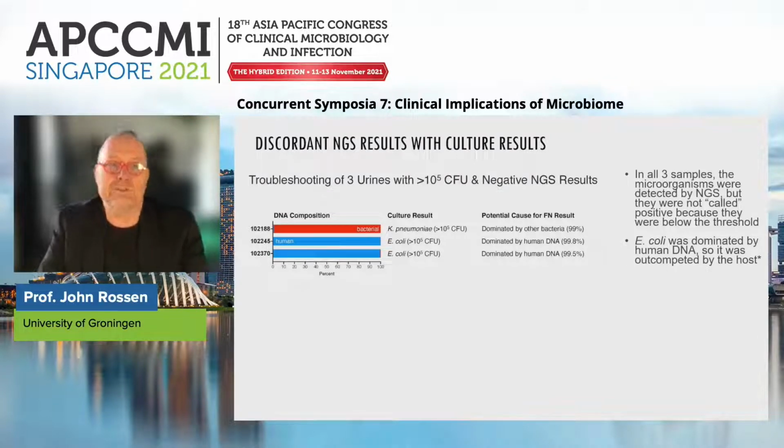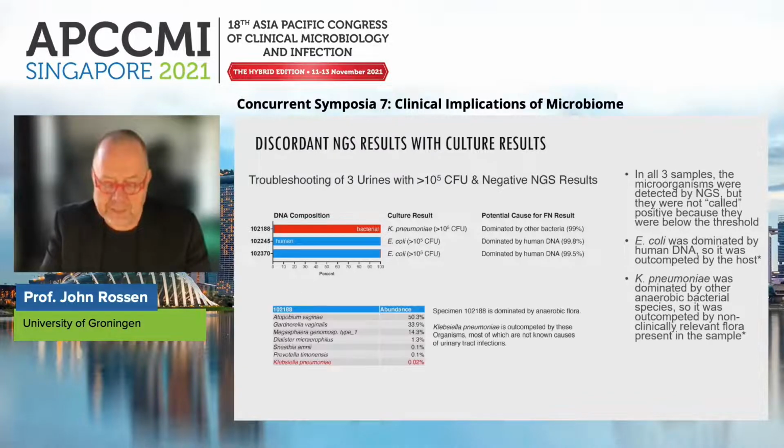And if we look into more detail, then we see that in some cases, E. coli was not reported because it was dominated by human DNA. It was more or less outcompeted by the host DNA. And in another sample, we found that Klebsiella pneumoniae was present, but was dominated by anaerobic bacterial species.